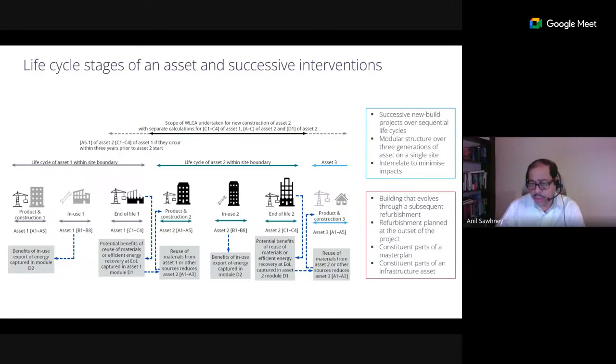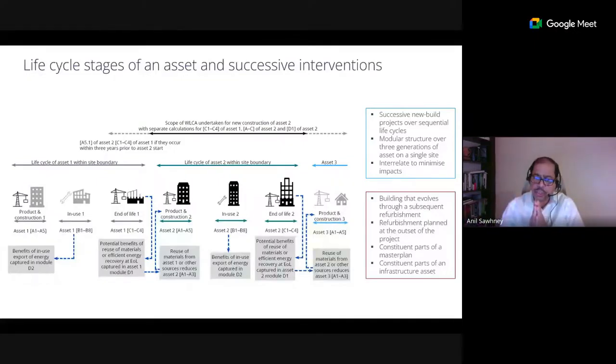Now you're going to deconstruct, right? Some of it will get deconstructed. So A5.1 of asset 2, which is the demolition. Remember, A5.1 is demolition of asset 2, and C1 to C4 of asset 1, if they occur within the 3 years prior to asset 2. So what it's explaining is this transition here. Asset 1 is going to get deconstructed. Asset 2 is going to get constructed.